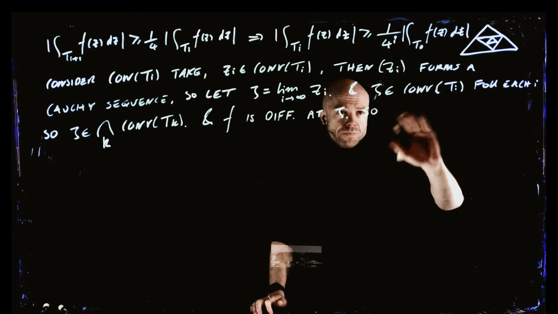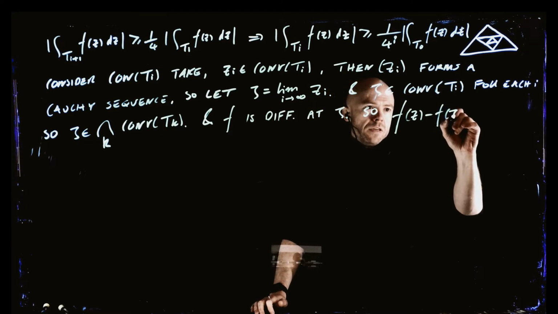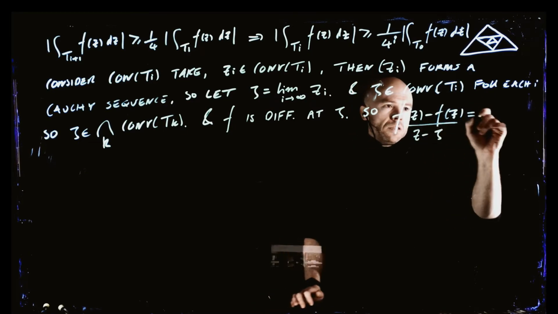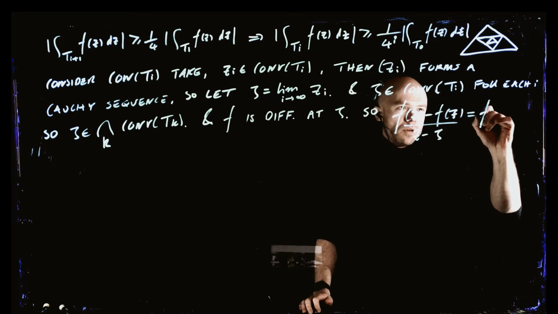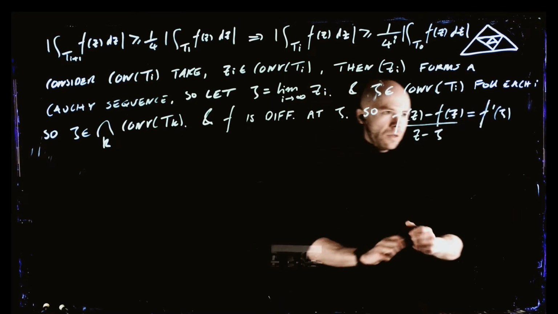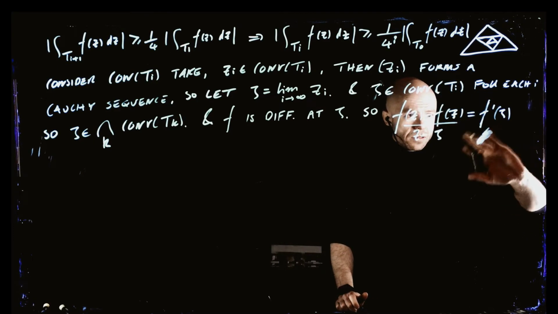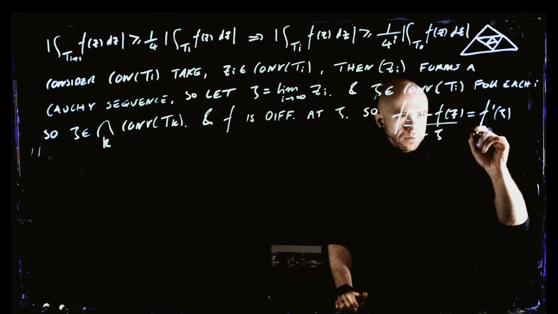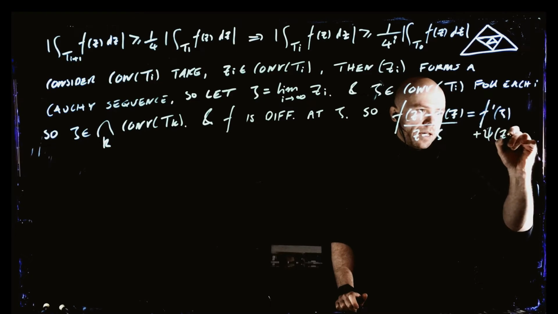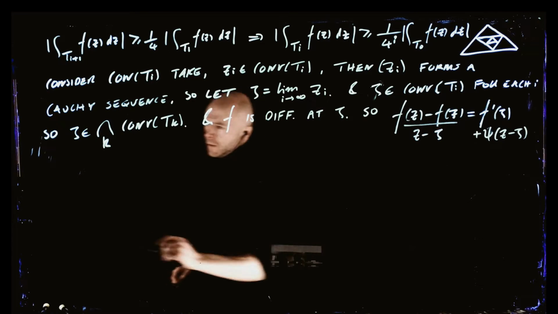Cool. So that means that if we consider f of z minus f of zeta over z minus zeta, it is equal to this number f prime of zeta plus some error function, which we're going to write, following Stein's notation choice, as phi of z minus zeta.